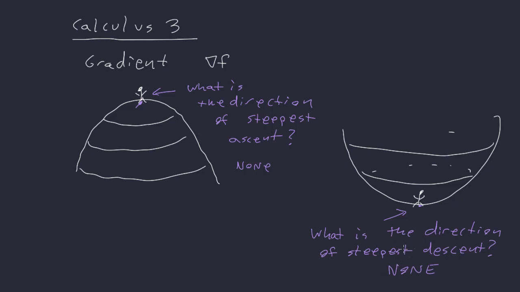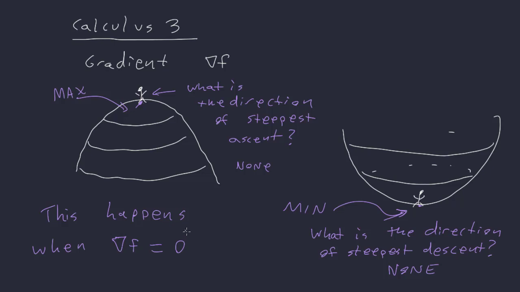It turns out there's none, because every direction is a direction of ascent. Here, every direction is a direction of descent. In these places, this could be considered a maximum. This could be considered a minimum. Where this happens is where the gradient is 0.